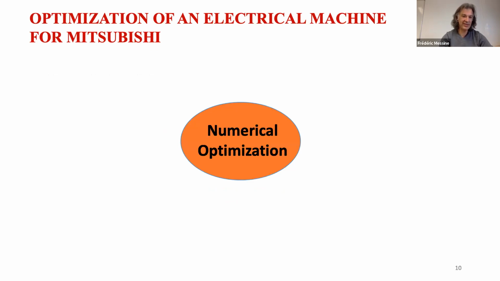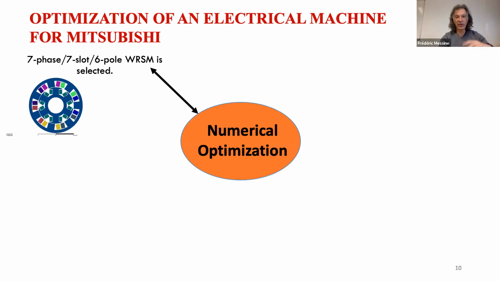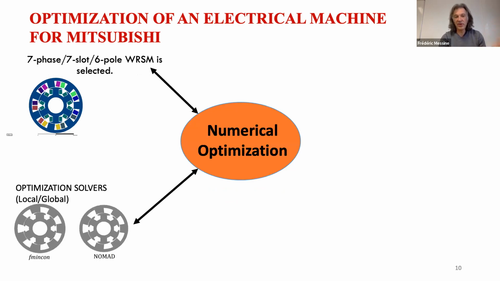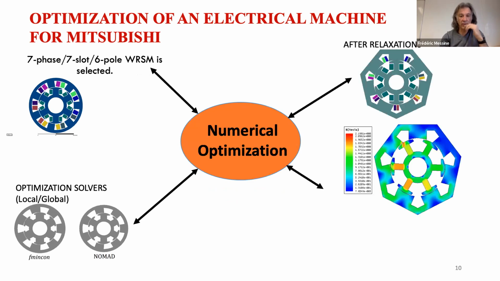So in the center, you have numerical optimization, a numerical solver. You can select some machine you want to optimize, and you can select solvers to optimize them. And after a while, you will find solutions.